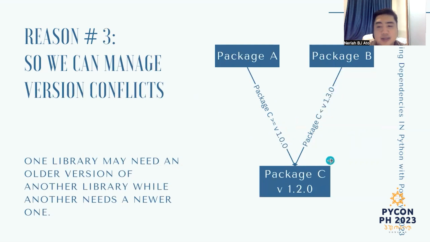Let's say package C already has 1.4. Then part of managing dependencies is resolving that dependency to get the best version where we can make both package A and package B work with the same package in our installation. So in this case, since this is the requirement, it decides to use version 1.2. So that is managing version conflicts for each package.